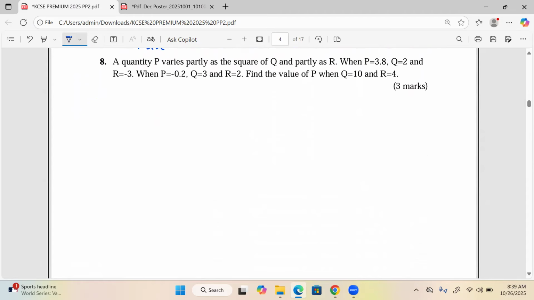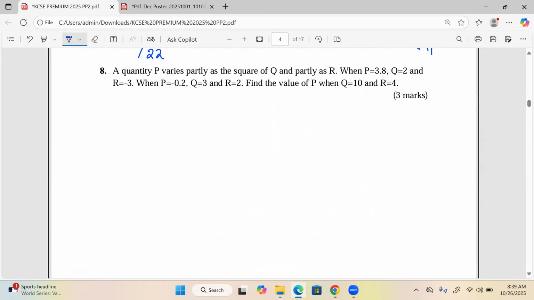Number 8, this is on variations. A quantity P varies partly as the square of Q and partly as R. So this is partial variation, because of the word partly. When you just hear the word partly appearing, that's on partial variations.